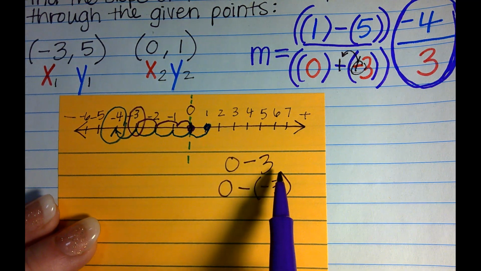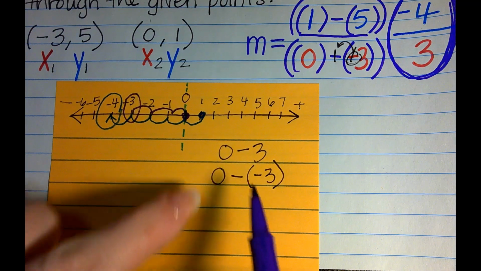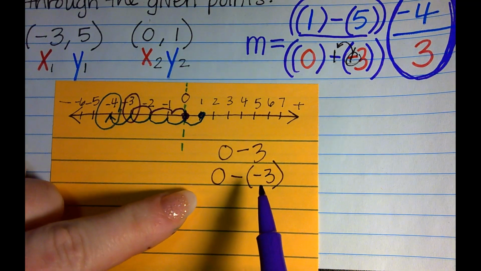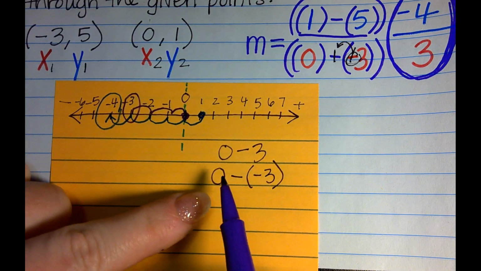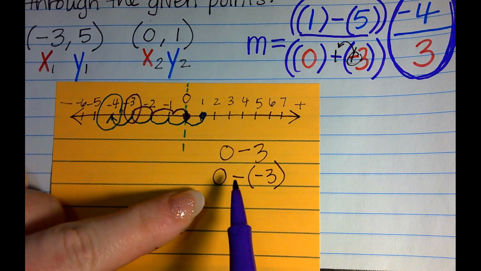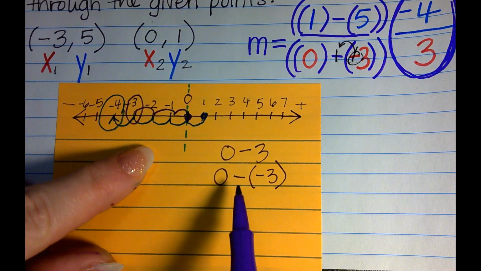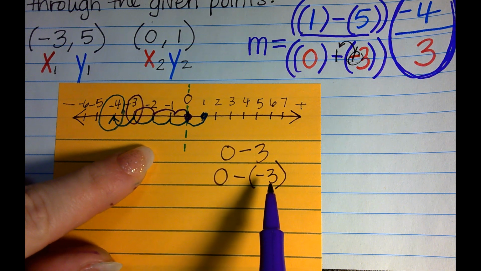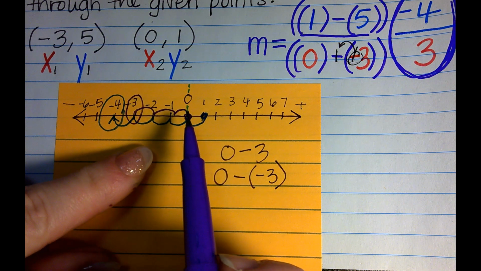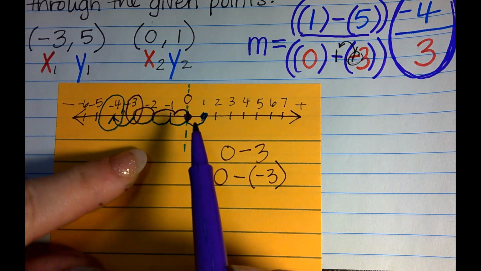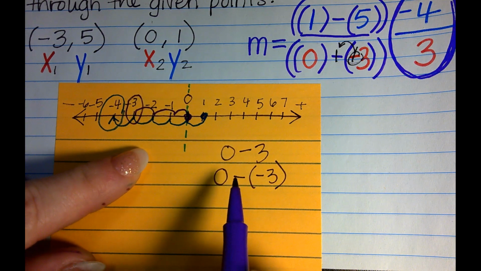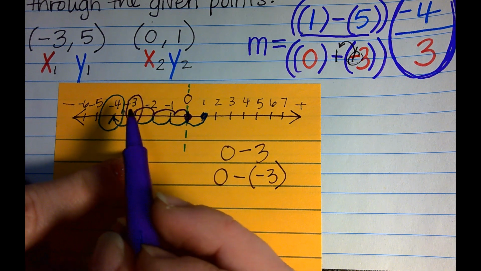But we're doing 0 minus -3. So what this tells us is when we subtract, we normally go to the left, but since we're subtracting the opposite amount, it flips our direction. Negatives are funky. They tell us to do the opposite thing. If I have -3, I go to the left.